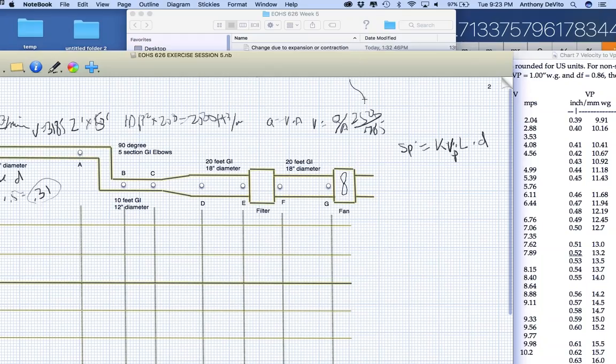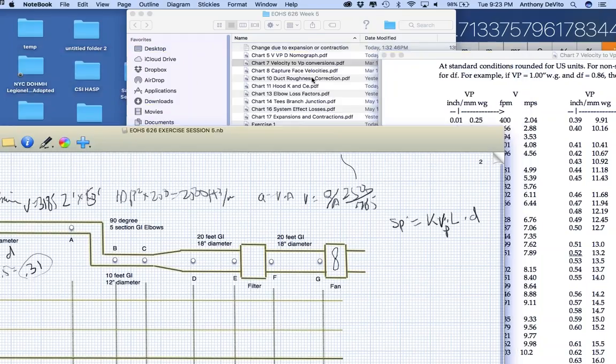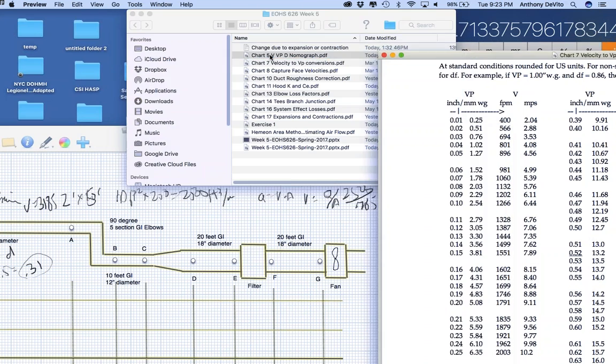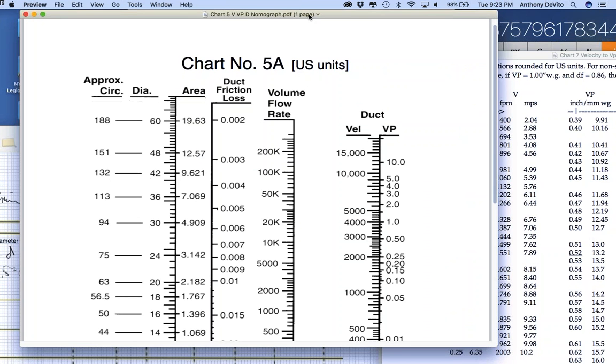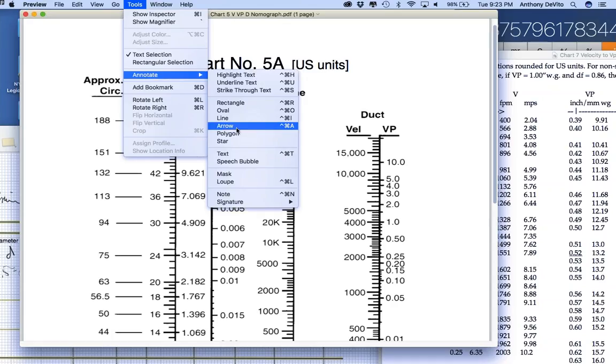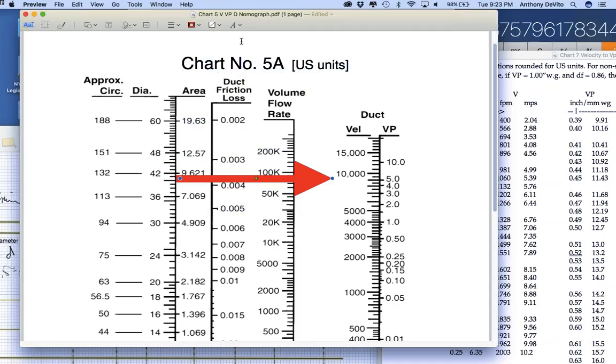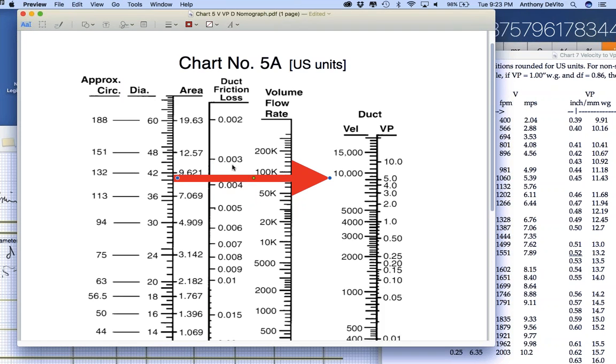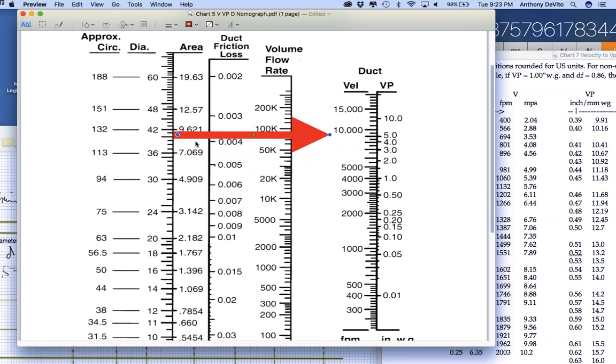Okay, so let's go to our chart 5. I'm going to annotate this with an arrow. So, 12-inch diameter duct, and the velocity, how much did I say it was? 3185, say 3,200, is going to be about there.